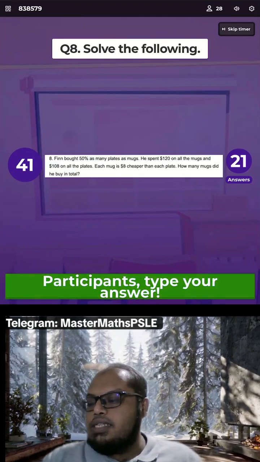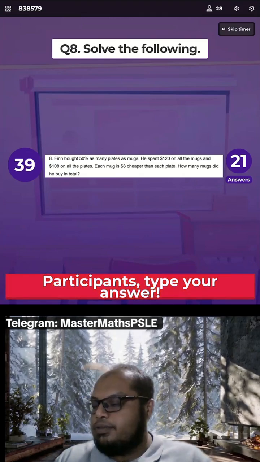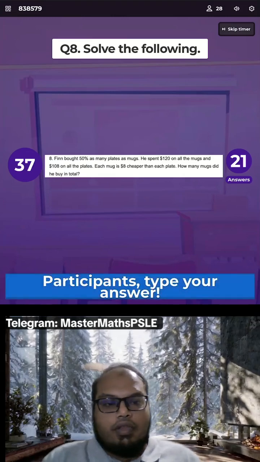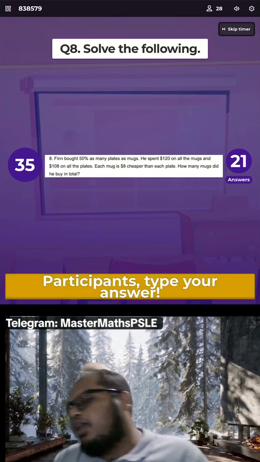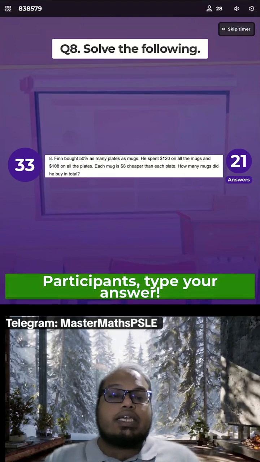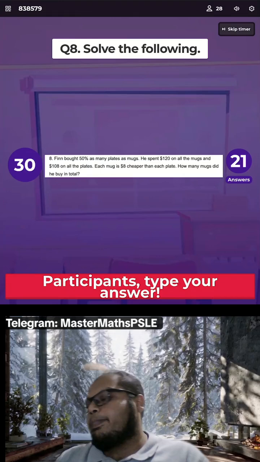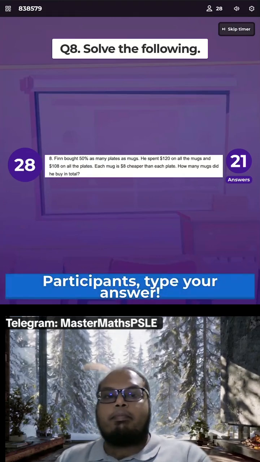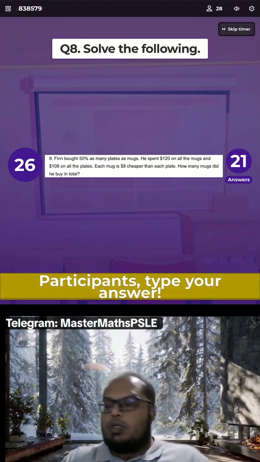Okay, 40 seconds more. If anyone is stuck, the hint here is that you need to make them the same. Don't worry, by the end of this class I'll go through the solutions.